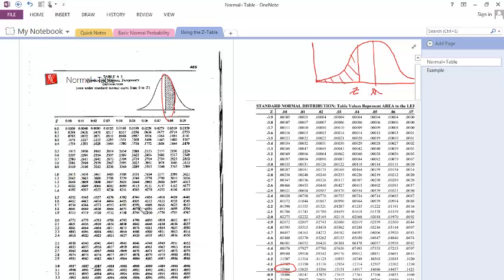We'll use the table on the left, and I'm going to read down. My z-value 0.4 is here, so it's about 15%.